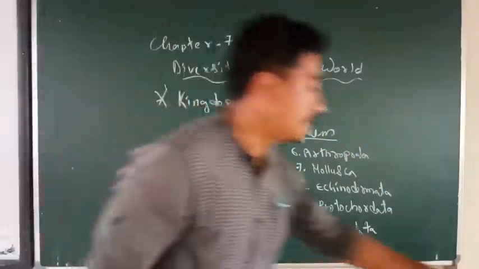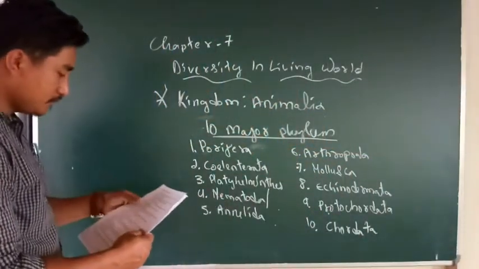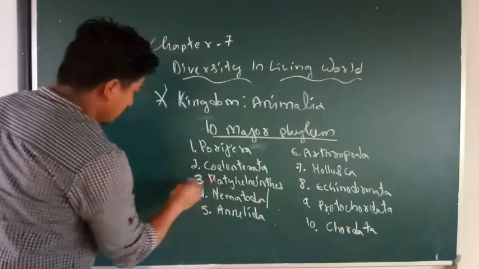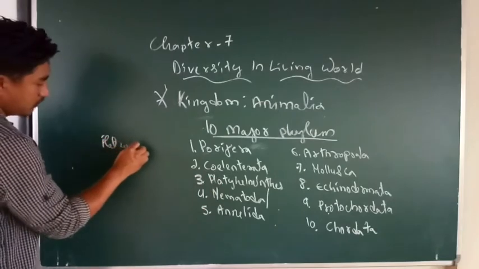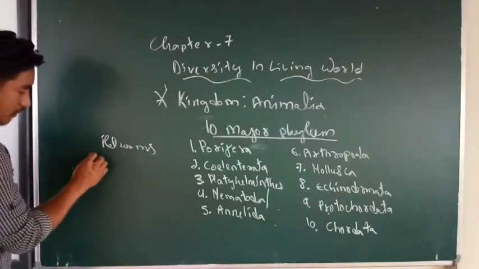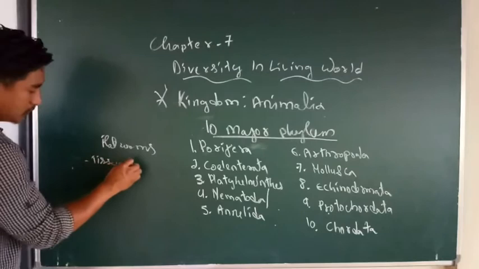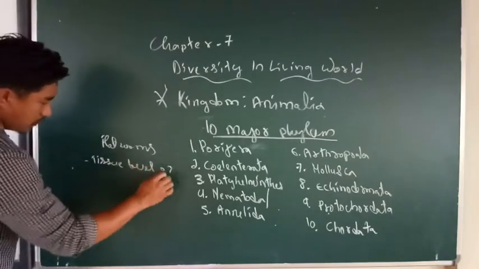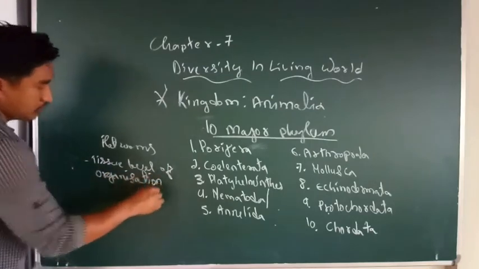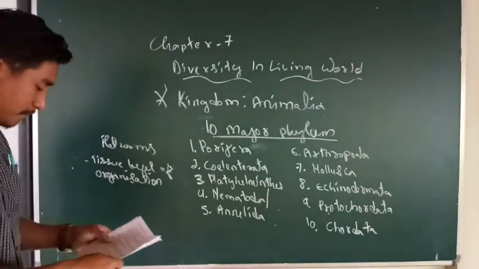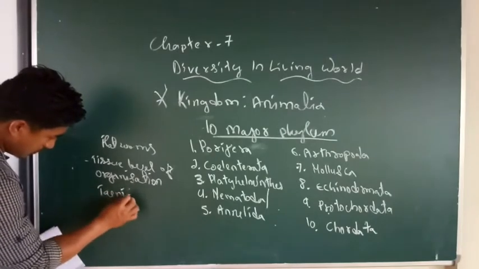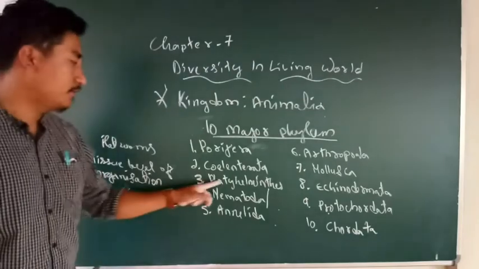Next we have Platyhelminthes, also commonly known as flatworms, which are bilaterally symmetrical and show organ level organization. An example is Taenia.